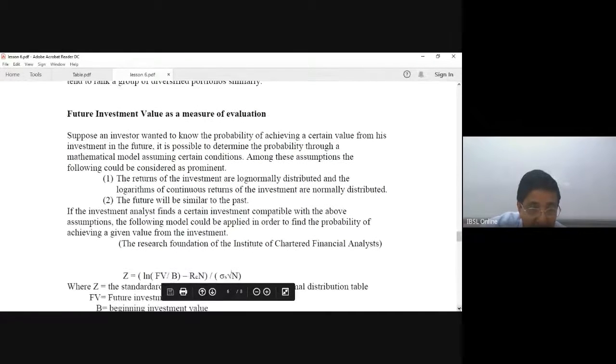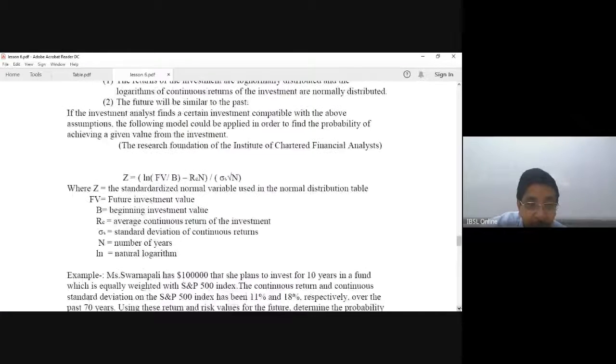Now I will go to the model. Apparently it looks like a cumbersome formula, but it is not so, because you don't need to memorize this formula. You will get the formula in the question paper.